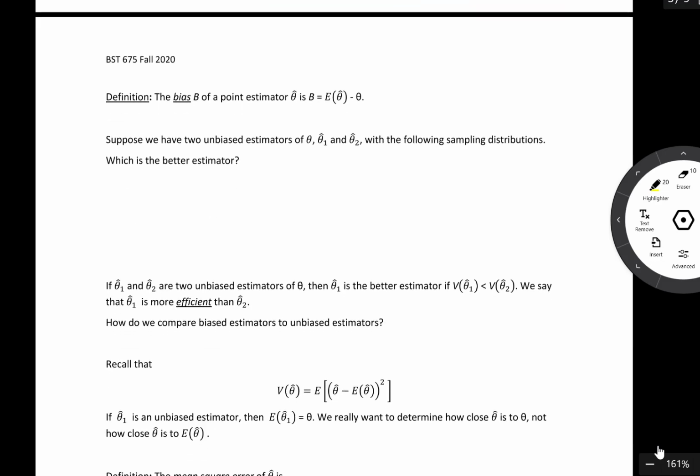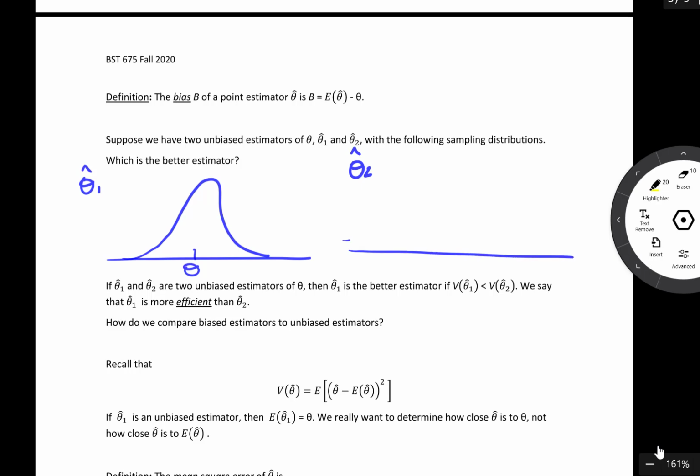So the bias B of a point estimator theta hat is the difference between the expected value of theta hat and theta. Suppose we have two unbiased estimators of theta, theta hat 1 and theta hat 2, with the following sampling distributions. Let's say that for theta hat 1, we have the following. We know that theta hat 1 is unbiased, so we have theta in the center, versus the sampling distribution for theta hat 2, which is again unbiased.